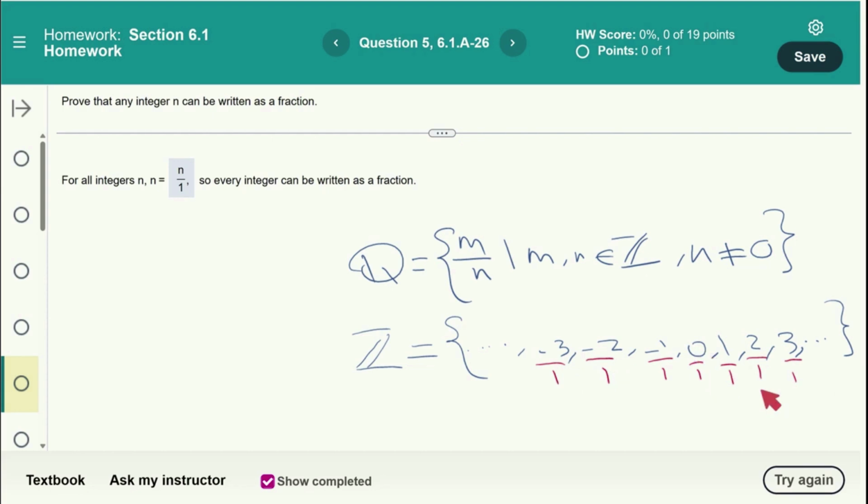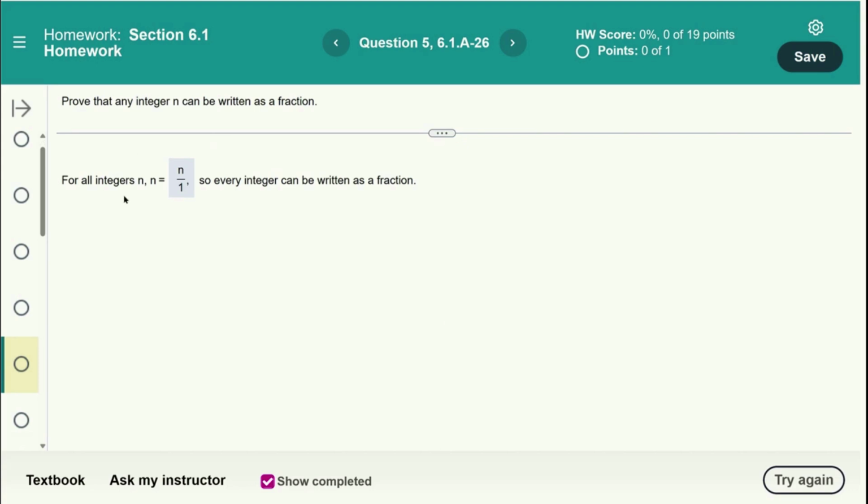So in this way we show that the set of integers is a subset of the set of rational numbers, and it is a proper subset. And of course, if you're talking about the general integer n, then all you have to do is write it as n over 1 to show that it can be written as a fraction.